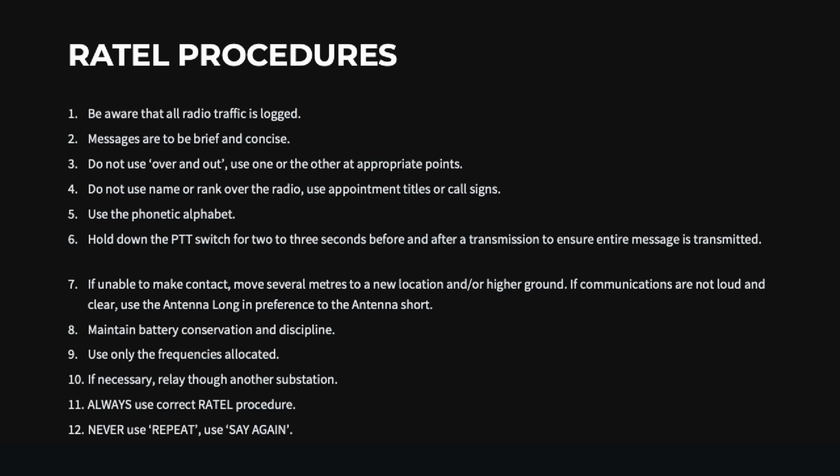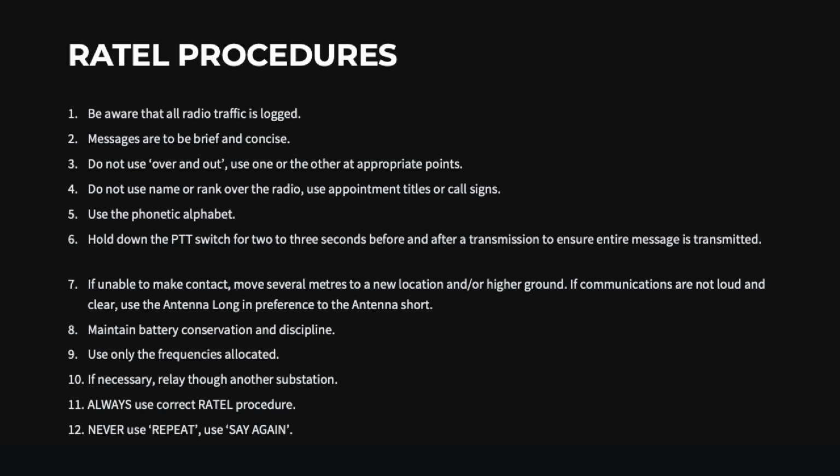8, maintain battery conservation and discipline. If you're not expecting any communication, you don't have to have your radio on. It's really up to whoever's in charge, but just conserve the battery where possible. 9, only use the frequencies allocated, so frequencies or channels. 10, if necessary, relay through other substations.